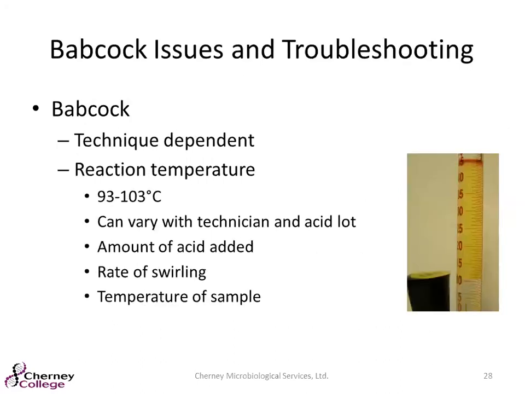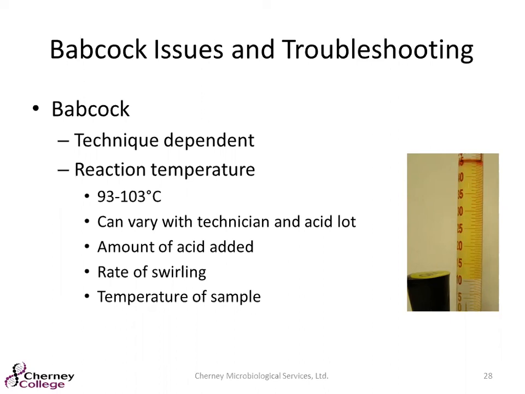We get a lot of questions on Babcocks, especially when they've come to our chemistry courses here in-house. That's typically the method that most want to see, because it is very, very technique dependent. It's not a hard method, but how you handle the acid, how you take the temperature, the rate of your swirling, it's very technique dependent, and every technician can do it a little bit different.